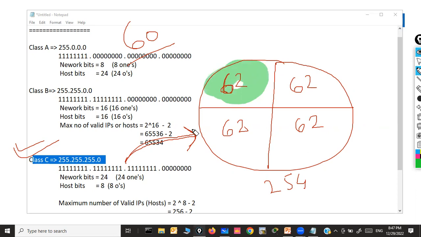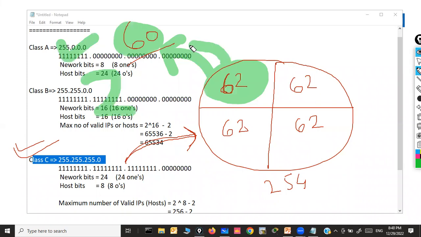Even if the client's requirement is 60 IPs and the service provider provides this entire subnet range, 62 IPs, there is still wastage, but hardly a wastage of 2 IPs only. So wastage can never be zero, but at least we can minimize it.